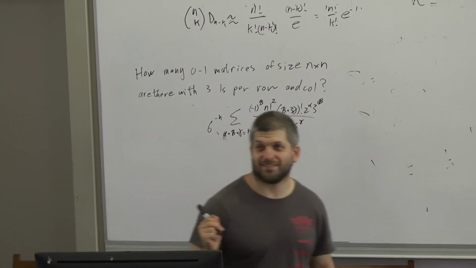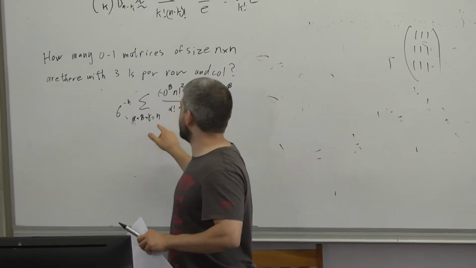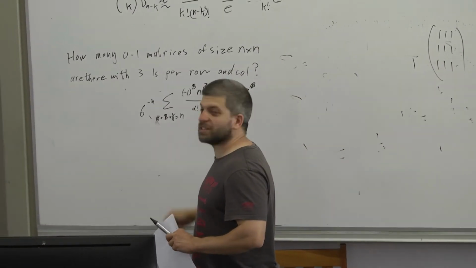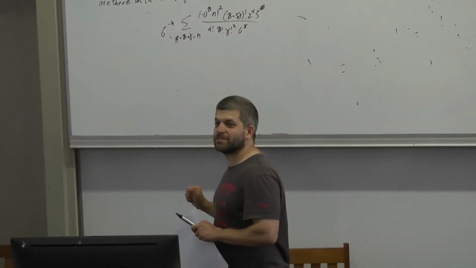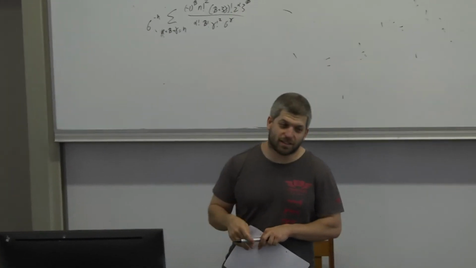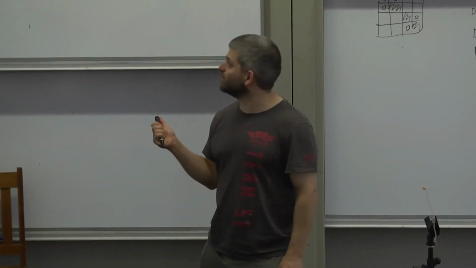Yuck. What's that sum over? Sum of alpha plus beta plus gamma, non-negative integers equal to n. That's all the solutions of that form. That's really awful.